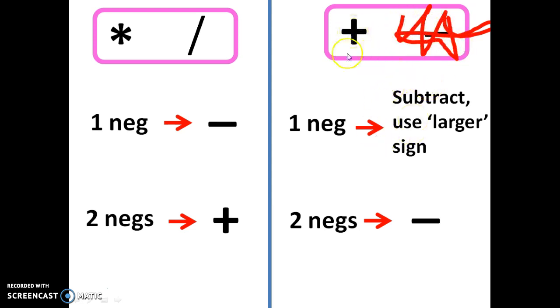So whenever we are adding integers, if we have one negative, we're going to subtract our integers and use the sign of the number that's larger or has a greater absolute value. And then if both of our integers are negative and we're adding them, then we're going to have a negative answer. Okay? And then it kind of goes without saying that if we're adding two positive numbers, our answer is going to be positive. And if we're multiplying and dividing two positive numbers, our answer is still going to be positive.